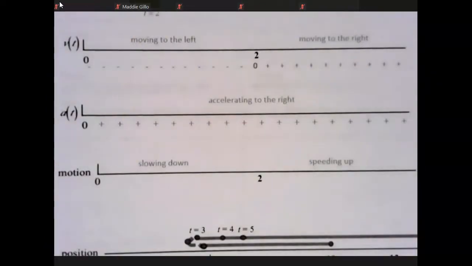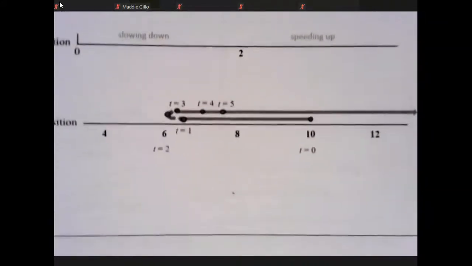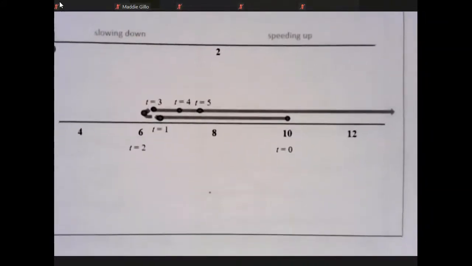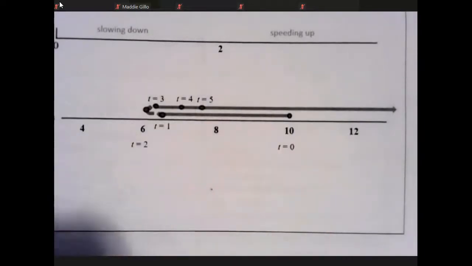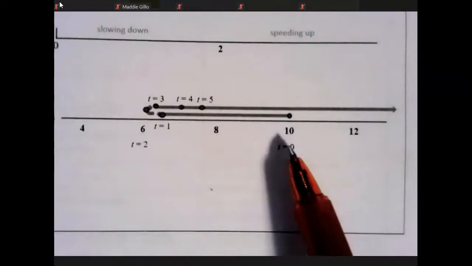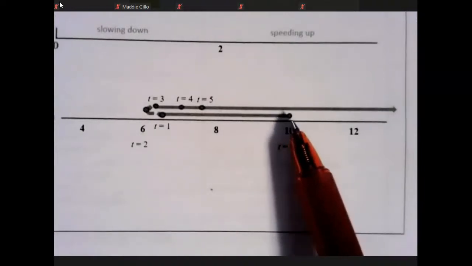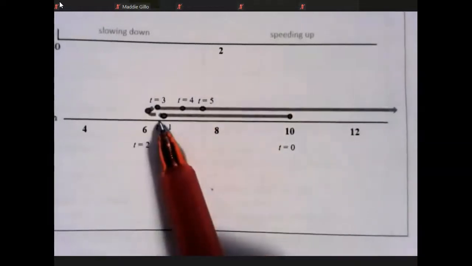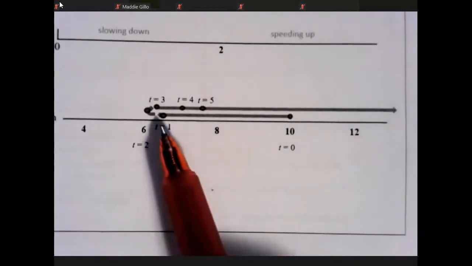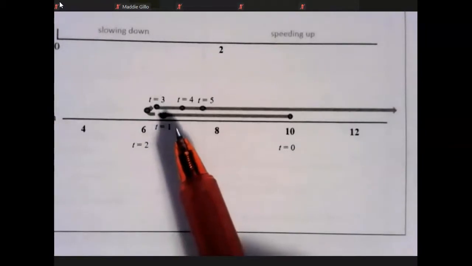Okay. And again, you can see down on position, I like to show exactly what's happening. So all of the dots represent the function value at those points. Initially the position is at 10. At time 1, the position is at 6.5.